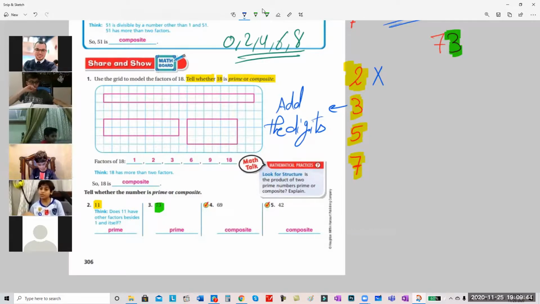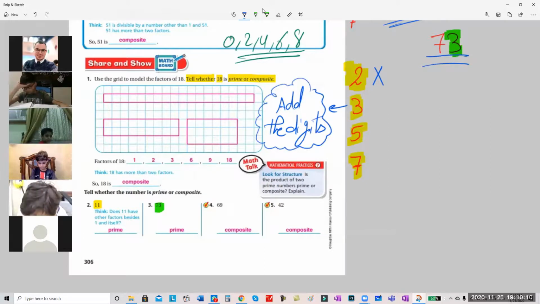Okay, what about 3? How can we know that this number is divisible by 3 or not? Add the digits of this number.